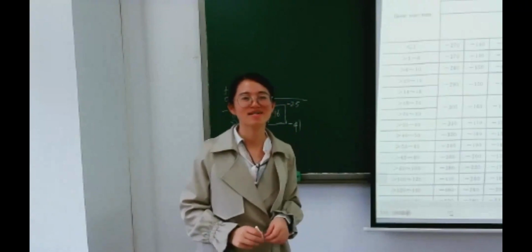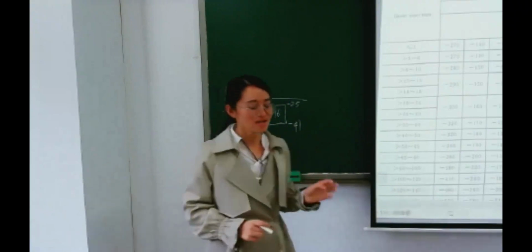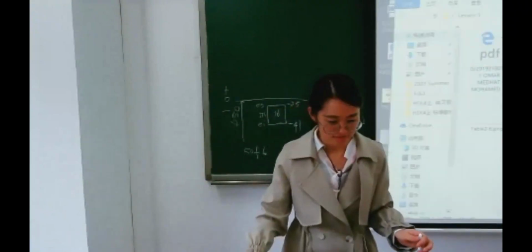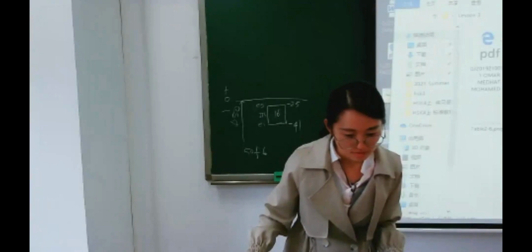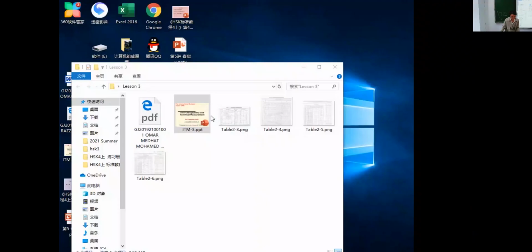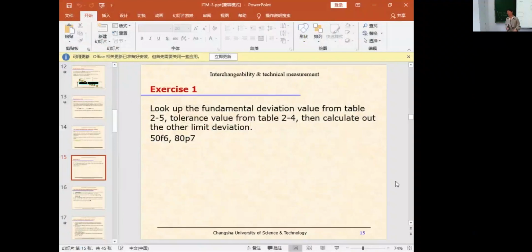When the figure rotates, the fifth F7, F6, you should know his upper deviation is 25 um, minus 25 um.